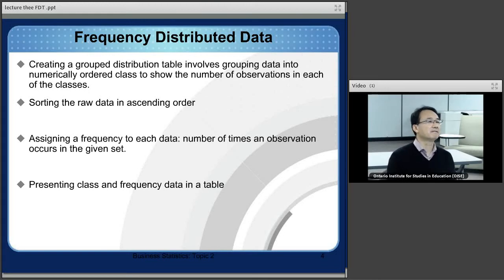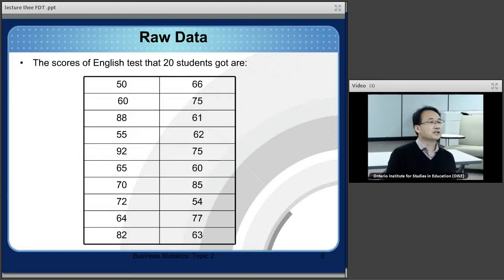Okay, first, we get raw data. For example, 20 students attended an English test and they got a score. This is the 20 students' original test score.